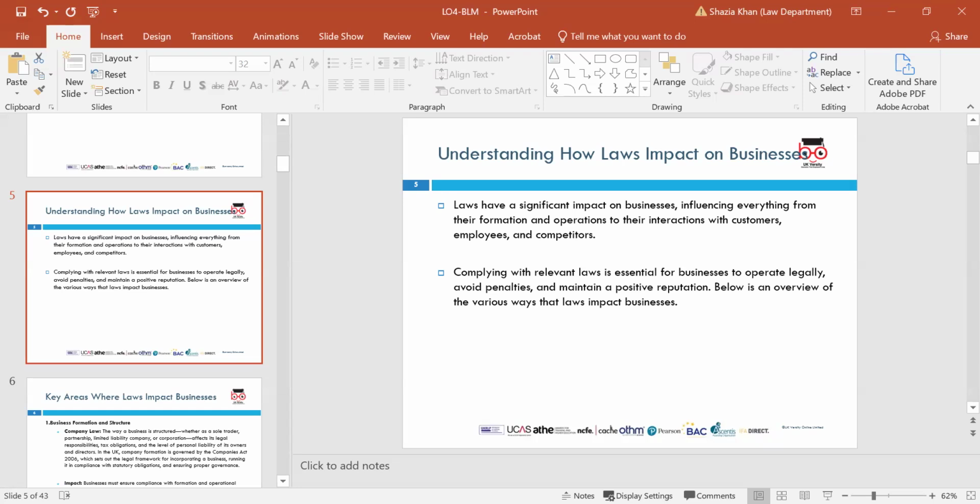An example, which we'll go through a little bit later, is GDPR. Businesses in the UK need to comply with the General Data Protection Regulation, GDPR, which came into force in 2018. We'll look at GDPR in detail later on, but this legislation requires businesses to protect personal data of their customers and employees, and report data breaches to the ICO, the Information Commissioner's Office.